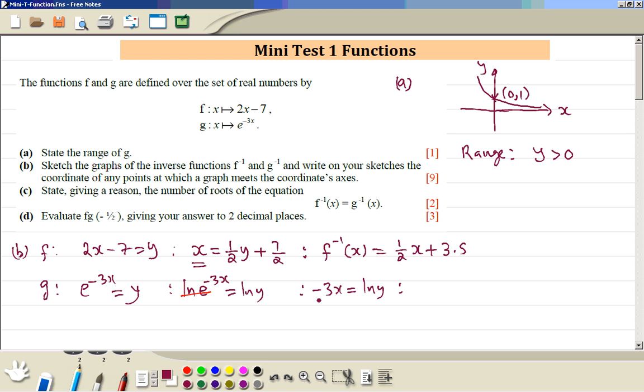Then we divide both sides by minus 3. So you get x equal to minus 1/3 ln y. Now wherever x is, you can write g inverse. Where y is, you write x. So it's minus 1/3 ln x.